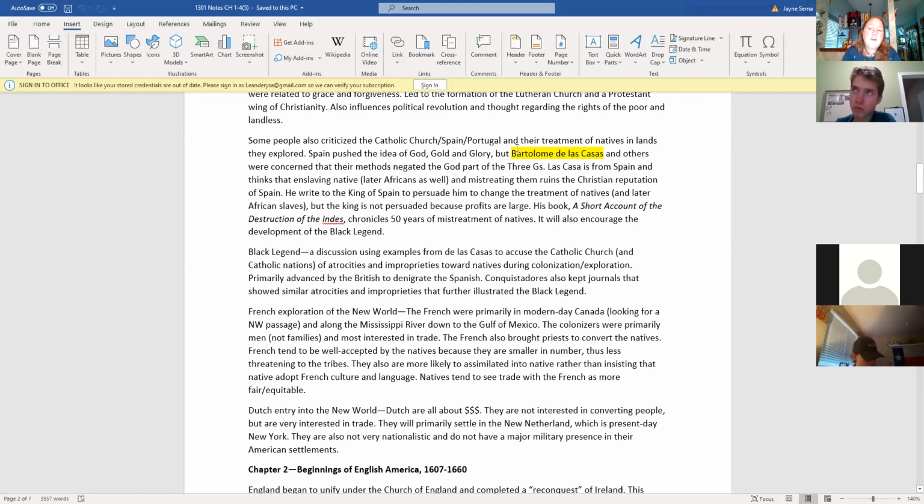All right, so the Catholic Church is really big, but then when England split and they started colonizing, they wanted to talk about how much more moral they were as colonizers. And that kind of starts during this time period with the writings of the guy whose name is highlighted in yellow, Bartolome de las Casas. This guy had grown up, I think he was a lawyer before he was a priest.